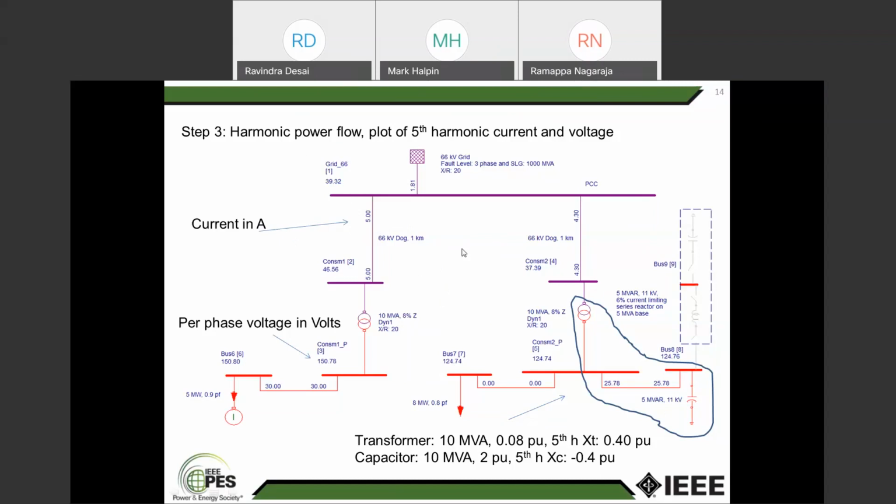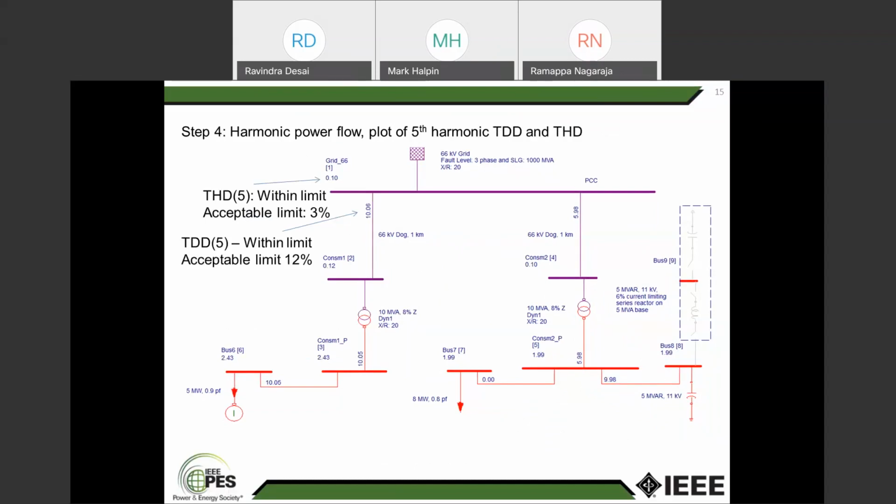In the harmonic power flow, you'll be able to get the complete power flow on the single line diagram. Also on the same single line diagram, you will be able to find out the voltage distortion. For example, the TDD within the acceptable limit is 12%. You can see here that 10% is the current you are injecting. Why? The fundamental current is 300 ampere, and we have injected 10% fifth harmonic.